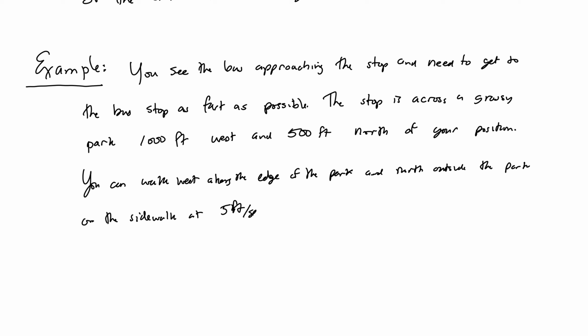Okay, so if you stay outside of the grass, you can walk at 5 feet per second. However, once you're in the grass, you can only walk 3 feet per second. Okay, so what path gets us there the fastest?